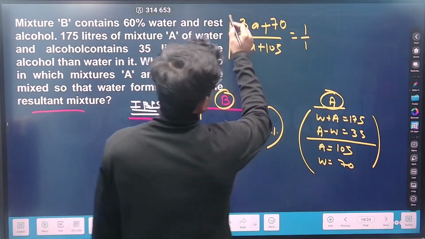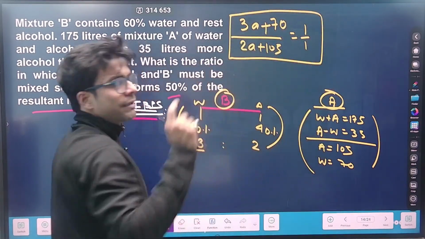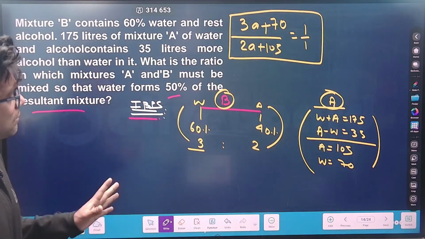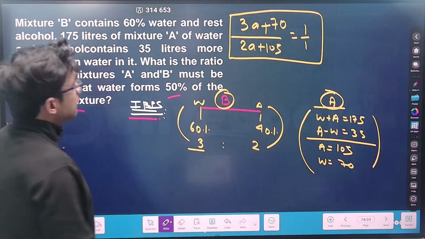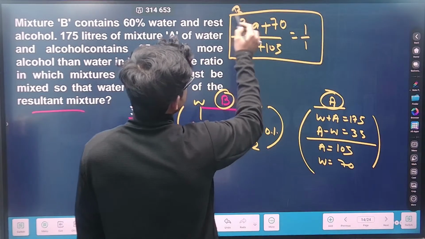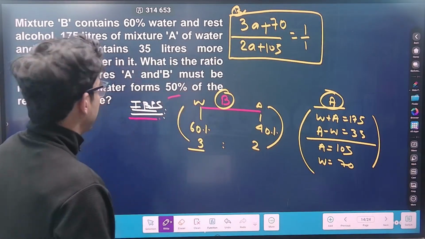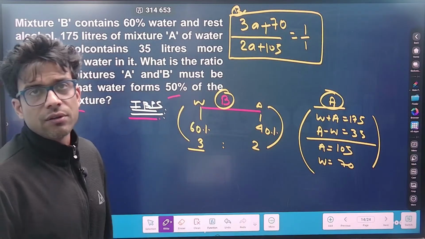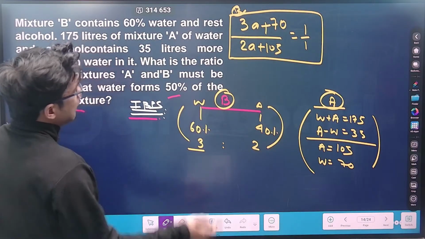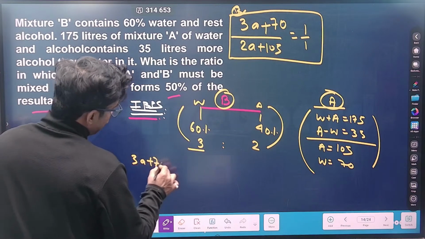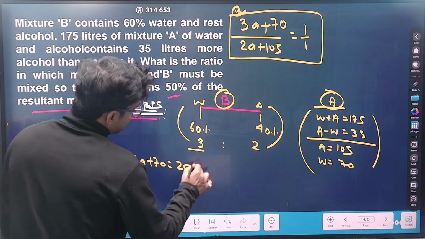If this is clear, I'll also solve this question with another method. But the point is that you should understand this. This is B, and this is A. Again, I need to solve for the value of A. So 3A plus 70 would be equal to 2A plus 105.